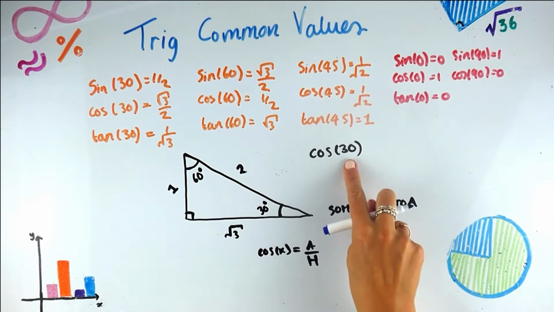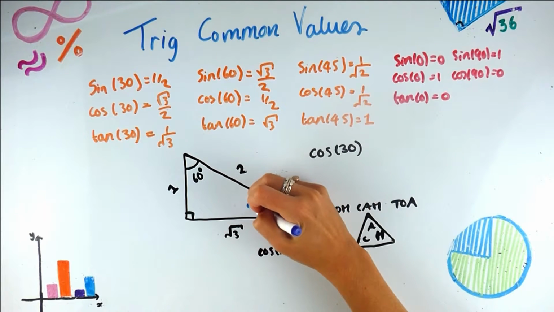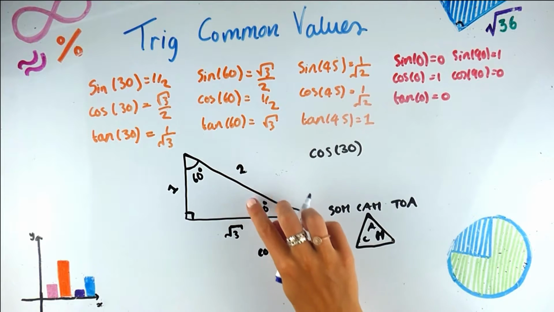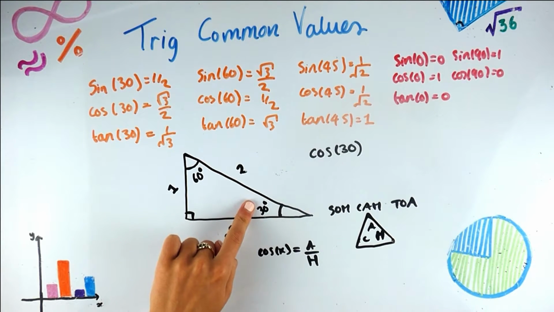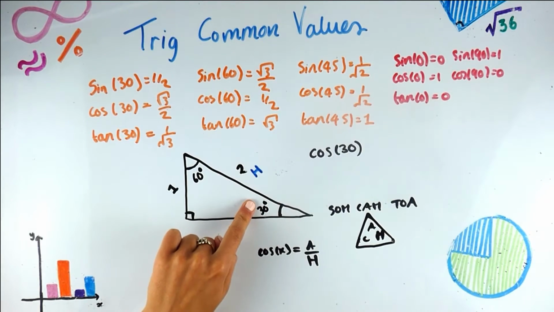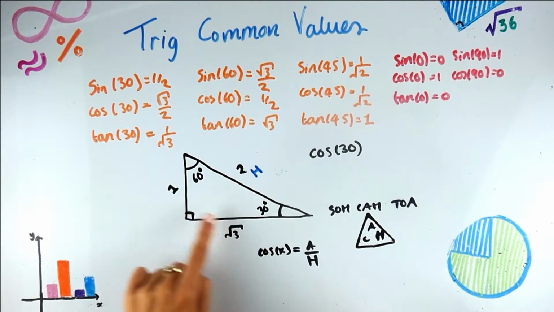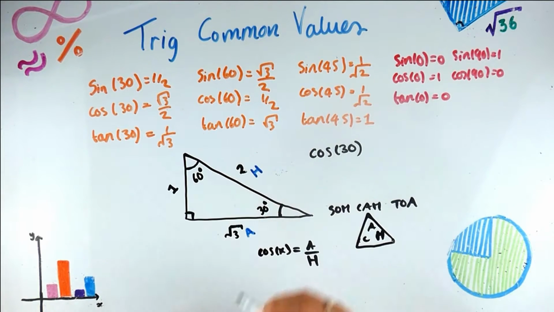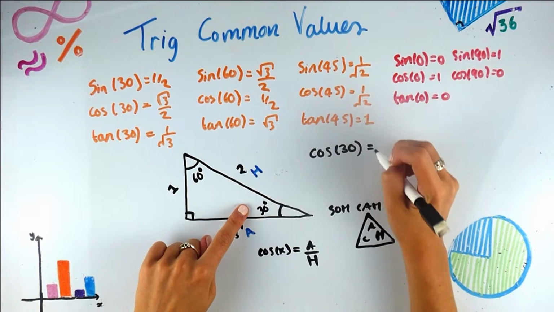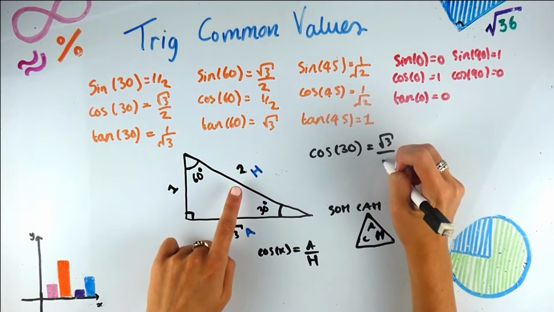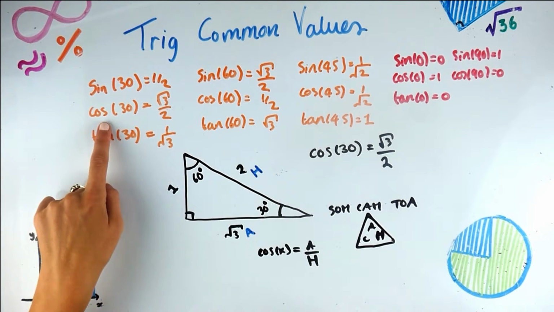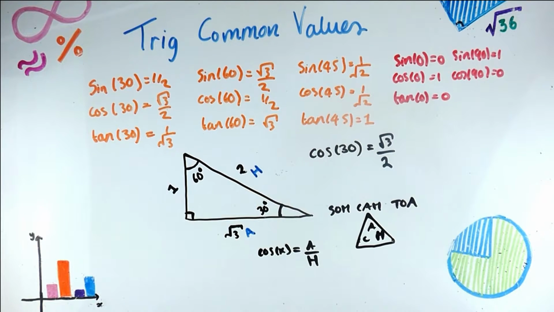I'm looking for cos 30, so this is the angle I'm dealing with. The hypotenuse is this long one, and the adjacent is the one next to it, not opposite it, so this one left. Let's copy that all in. So on this triangle we've got cos 30 equals adjacent over hypotenuse, and let's check, yes, that's the same value there, but we haven't remembered it, we've worked it out from a triangle.